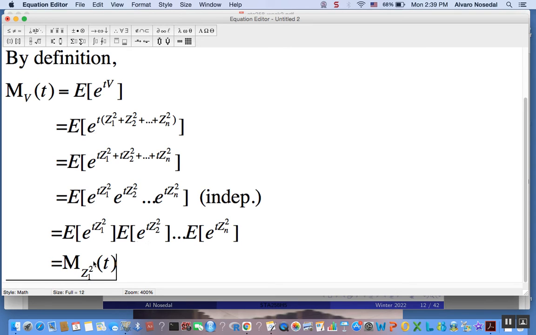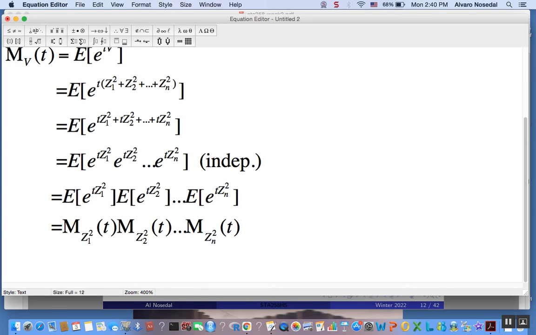And then this one is going to be the MGF of Z2 squared, and so on. The last one is going to be the MGF of Zn squared.